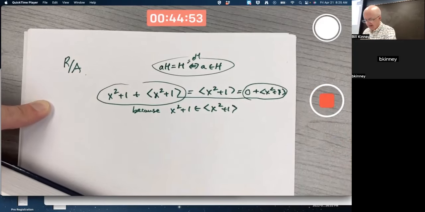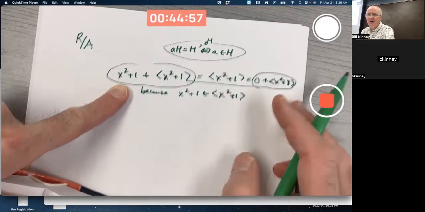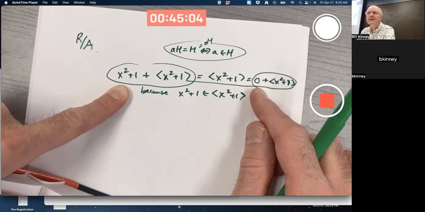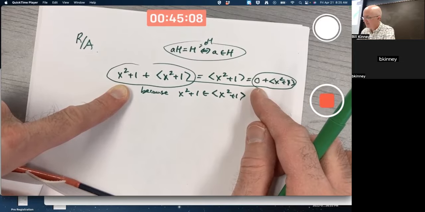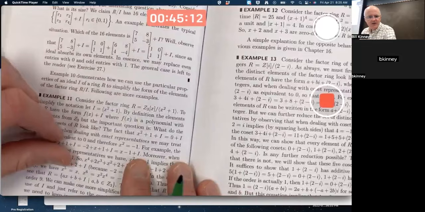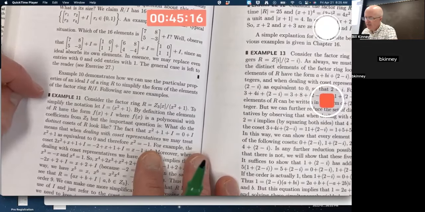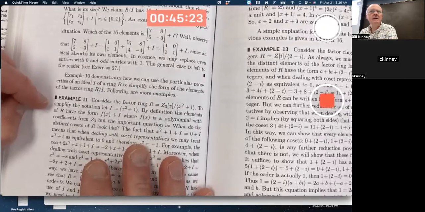And so the author then says, x squared plus 1 in the factor ring is equivalent to 0. They both represent the same coset, the identity coset, in fact, the additive identity coset. So when we treat x squared as if it's equivalent to -1, for example, that helps you simplify other cosets.